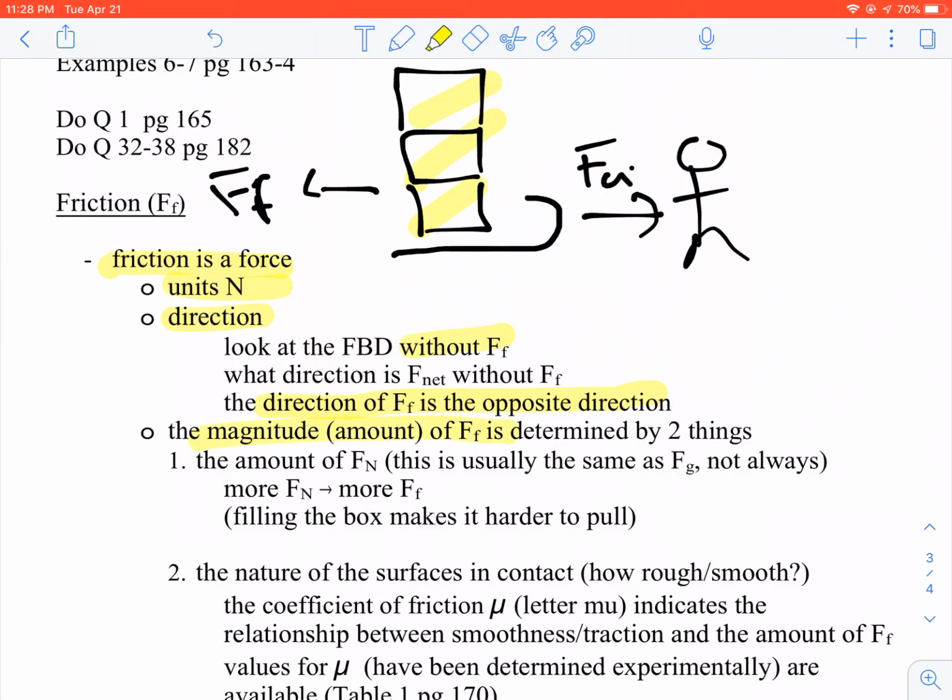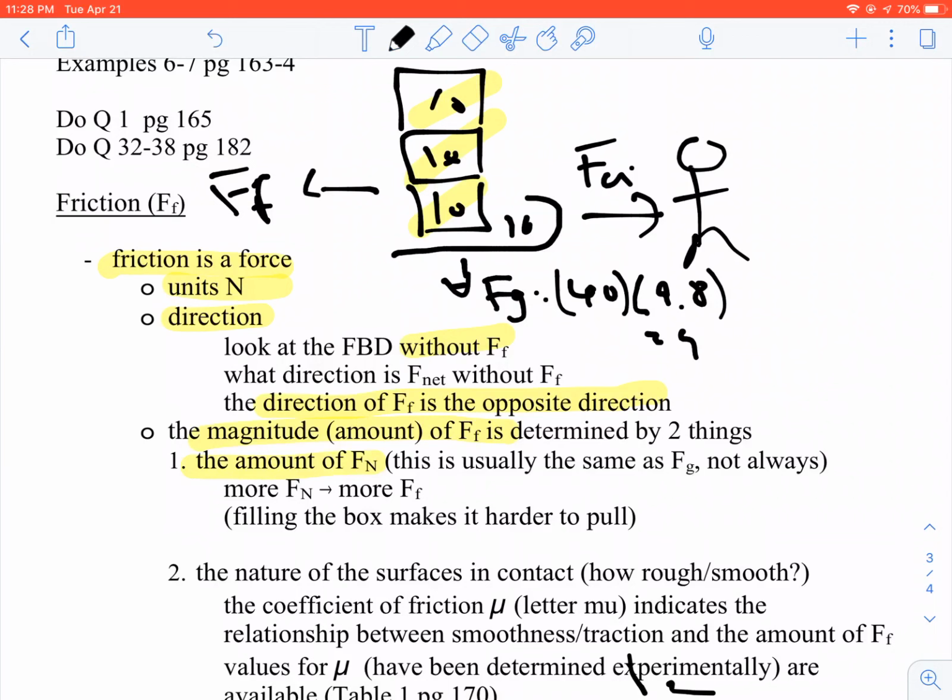First off, it's the amount of normal force. So if this is a 10 kg block of ice, and this is a 10 kg, and this is a 10 kg, and let's say the toboggan is 10 kg, and the F_G here is 40 times 9.8, or 392 newtons, then I know that there's a normal force of 392 newtons, because the toboggan isn't going up or down.